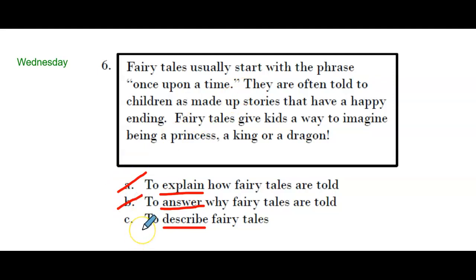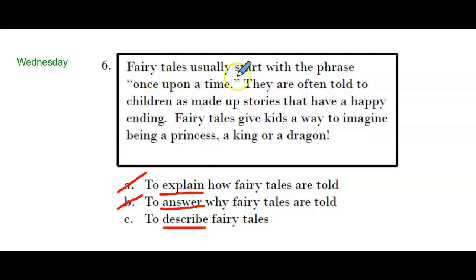The last answer choice is C. But before we circle it, let's prove our answer. C says just to describe fairy tales. Remember, describe means to tell how something looks, or maybe sounds, feels, tastes, any of your senses.